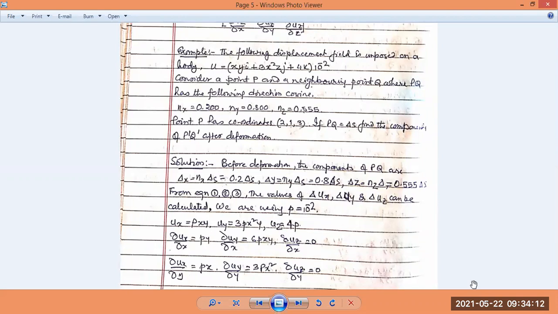Now, before the deformation, the components of PQ are given as delta x, delta y, and delta z. The direction cosine nx of PQ is given. So if we multiply the distance delta S by this direction cosine, we get the value of delta x, which is the difference in coordinate between P and Q. The distance PQ is given and its direction cosine is given.